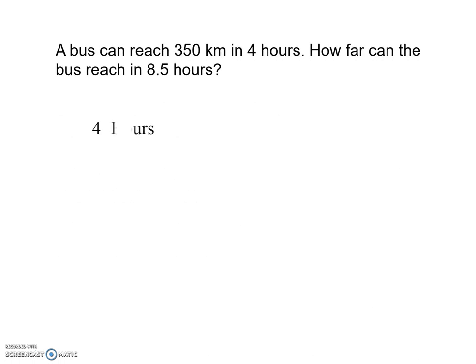Now let's try another question. A bus can reach 350 kilometers in 4 hours. How far can the bus reach in 8.5 hours? So we just make the data easy to read. 4 hours will give you 350 kilometers.